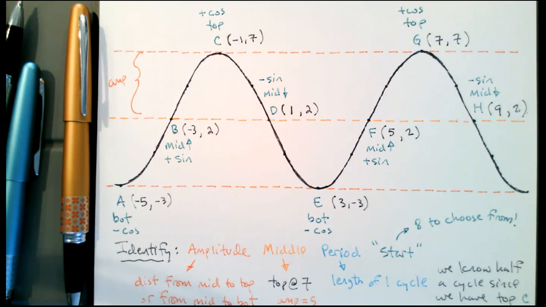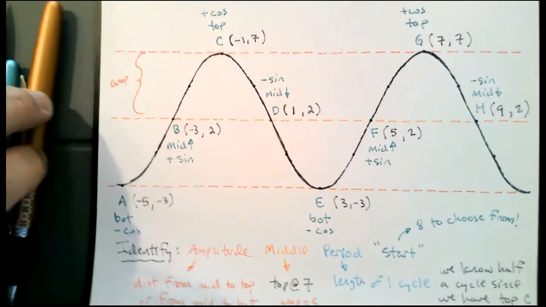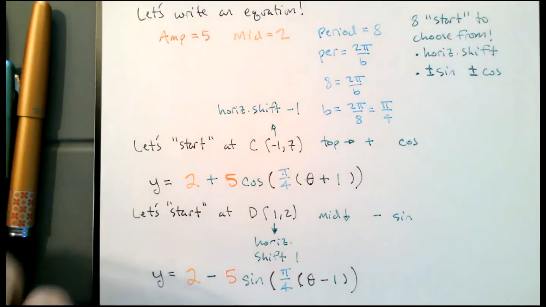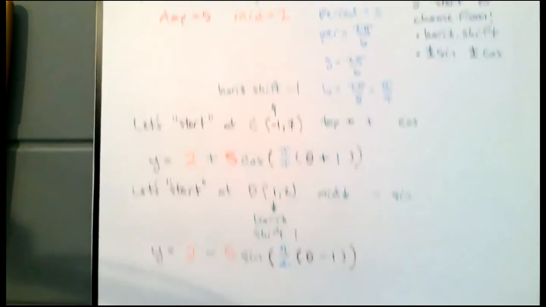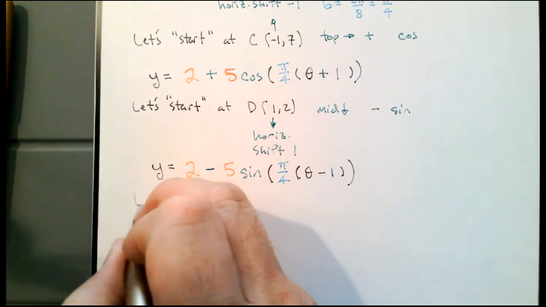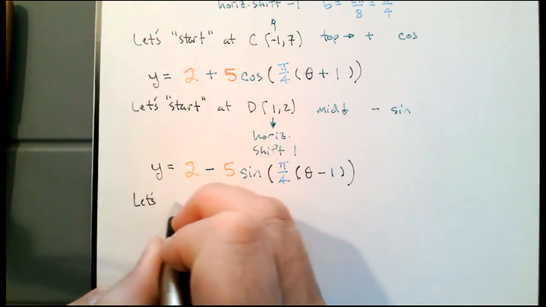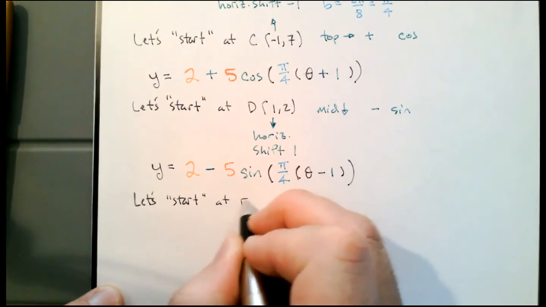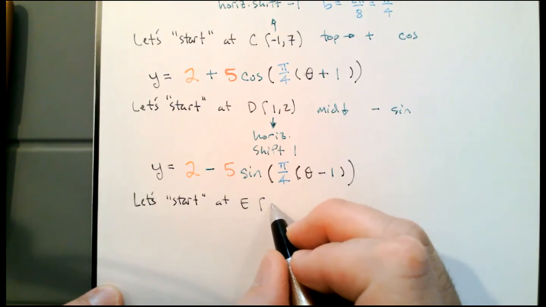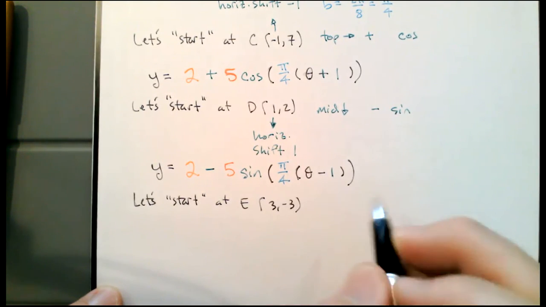If, for example, we started at point E, that'd be the next logical one to start at. E is at 3, -3.